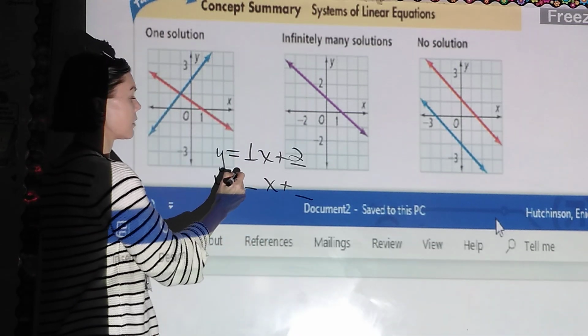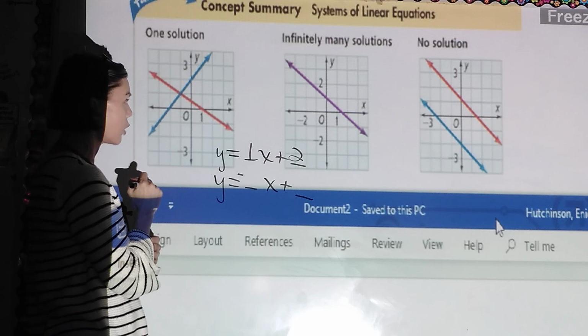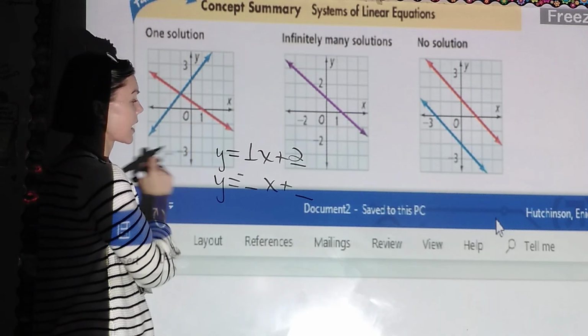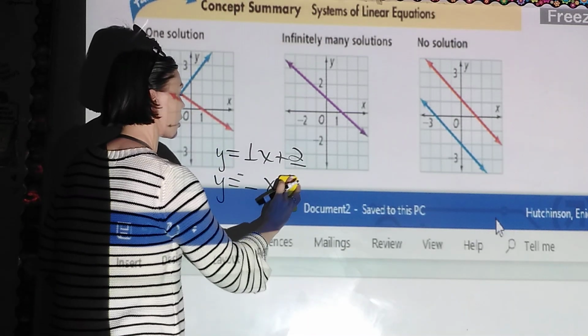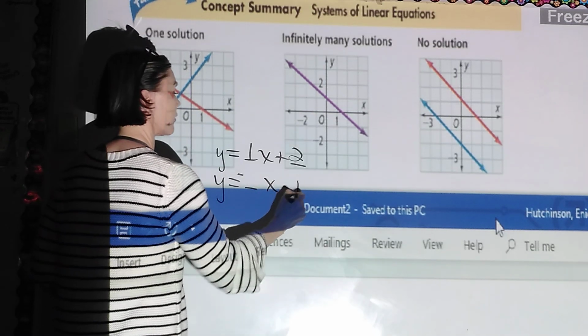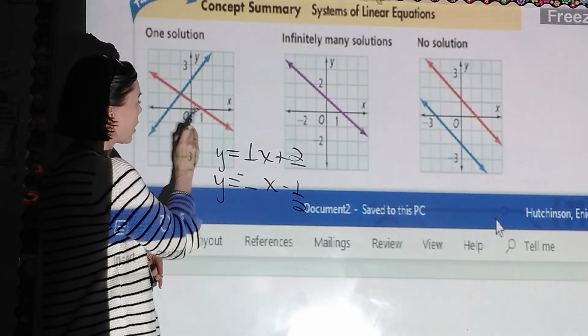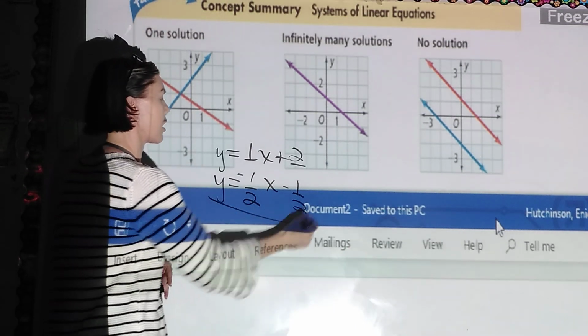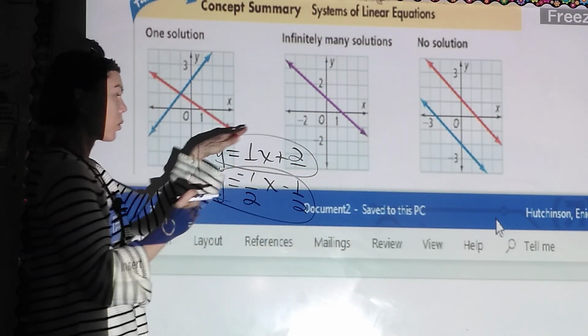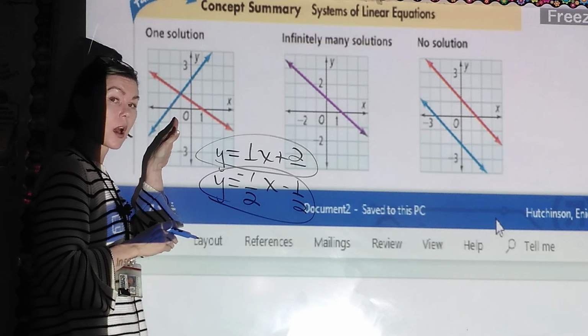Obviously, this other one has a negative slope, and it crosses the y-axis at a negative 1/2. So our y-intercept is a negative 1/2, and the slope is down 1/2. So here are the two equations that are graphed.